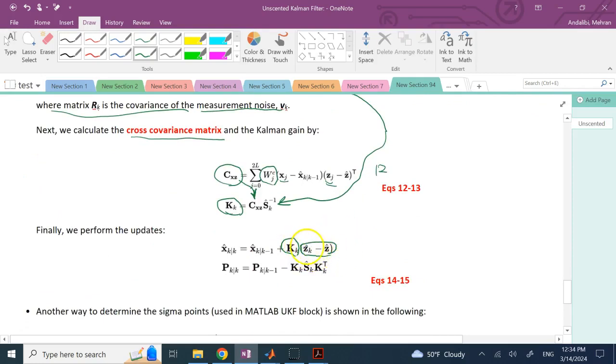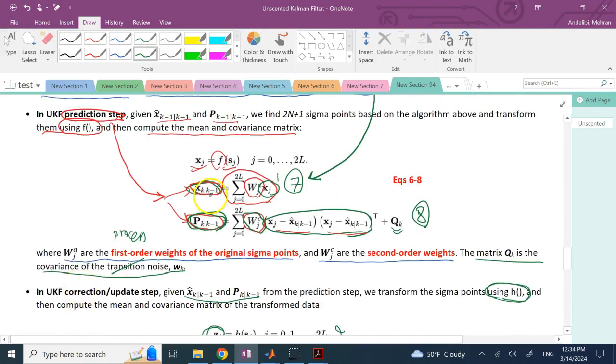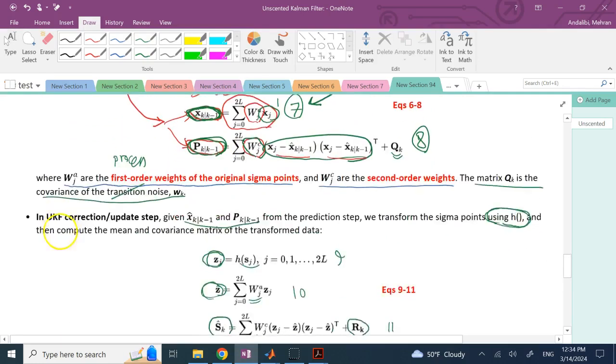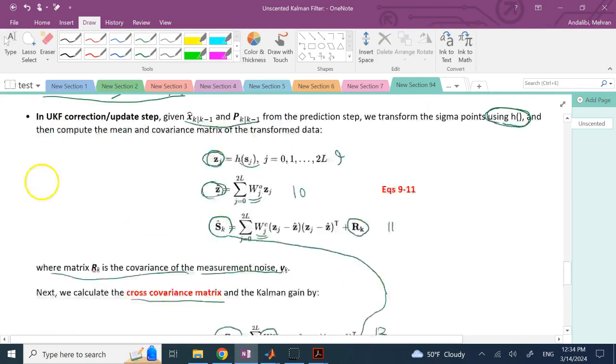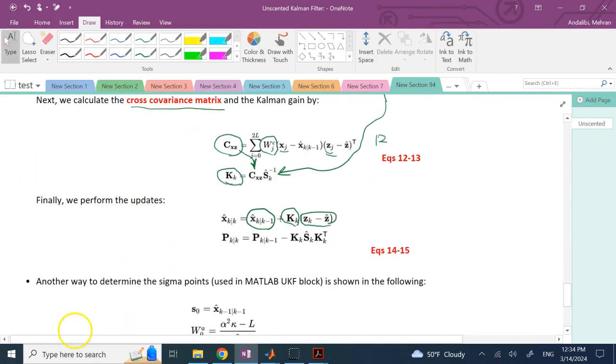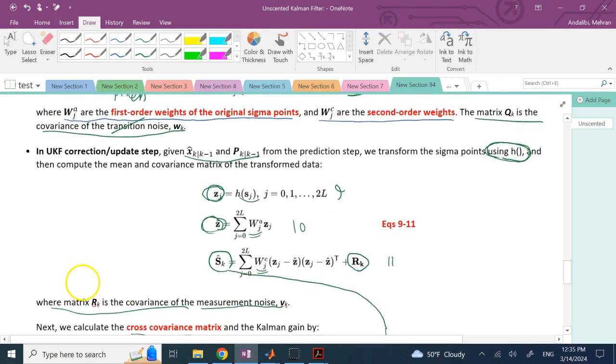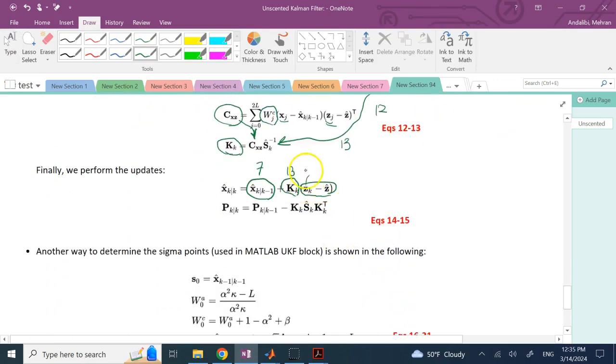Okay, multiplied by that, and then add it to what? Add it to the average you got from the prediction step, equation 7, right? So this guy comes from equation 7. This guy comes from equation 13. That z_k is coming from 9, and this one is coming from 10.